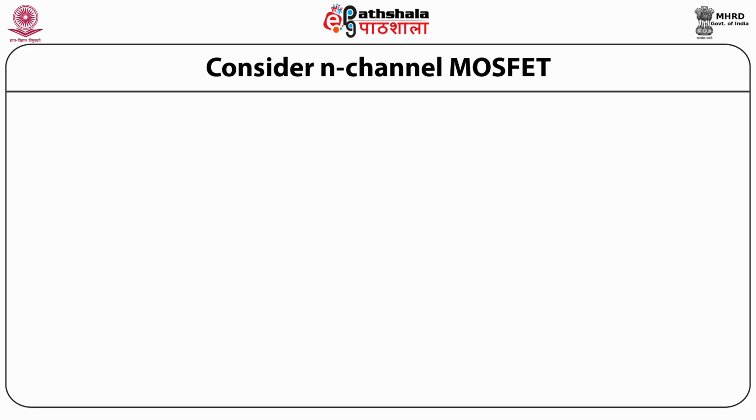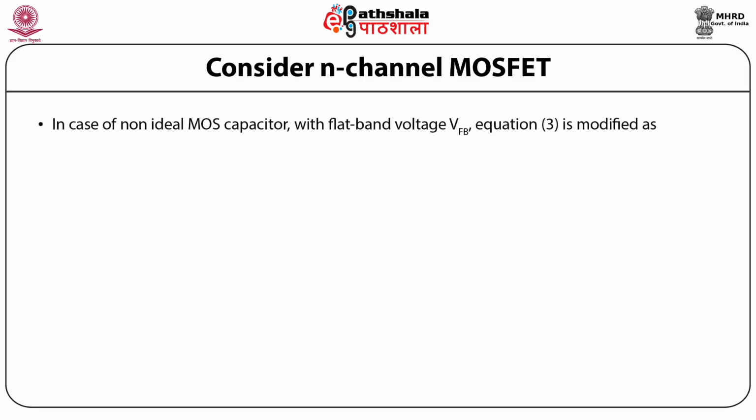Now in the case of a non-ideal MOS capacitor with flat band voltage, the previous equation is modified as Vg minus Vfp equals minus Qs by C naught plus psi s.